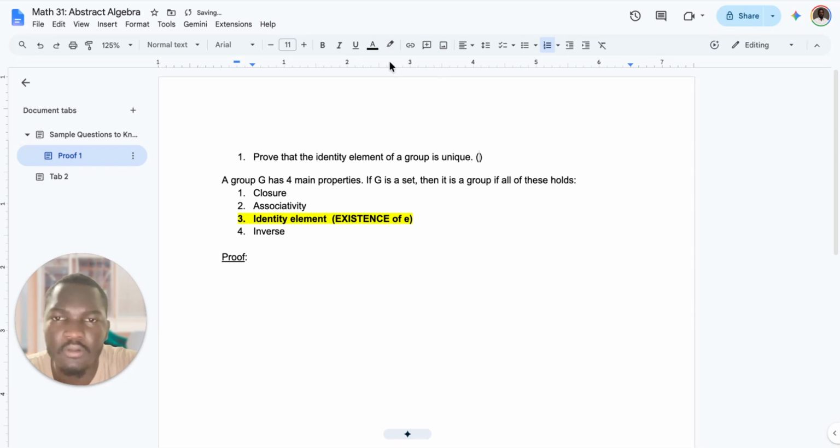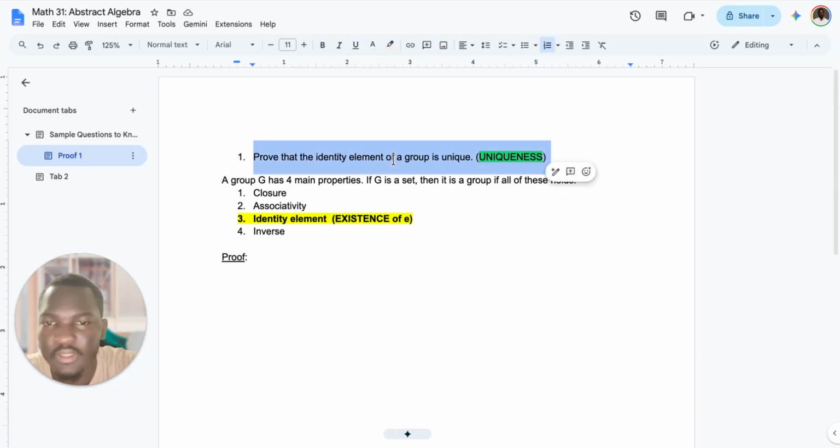We can call this one uniqueness. So prove that the identity element of a group is unique. We know by the definition of the group that it exists, but how do we know whether it's unique or not? This statement asserts that it's unique.